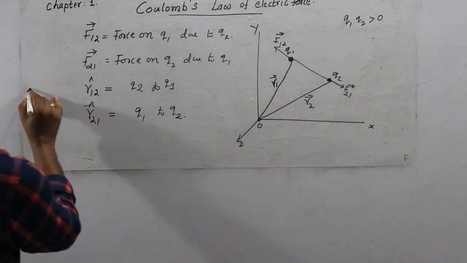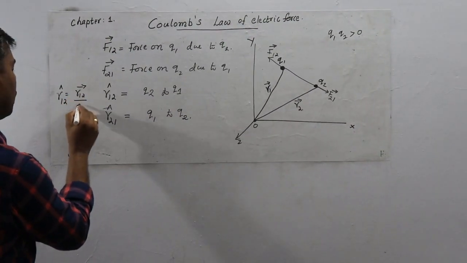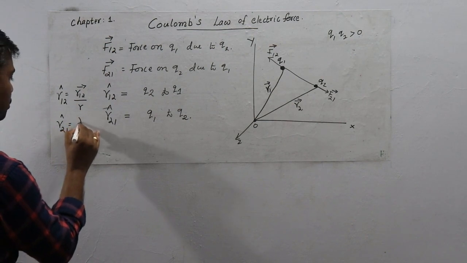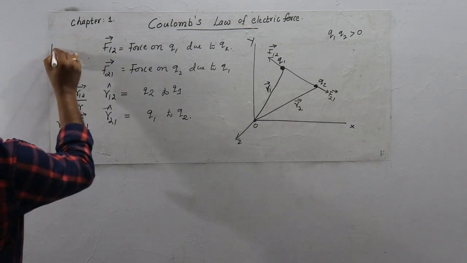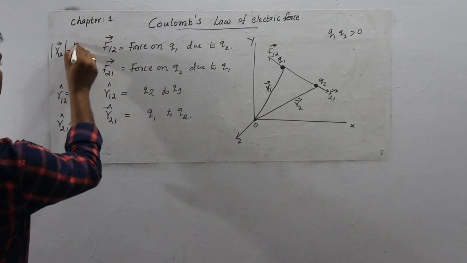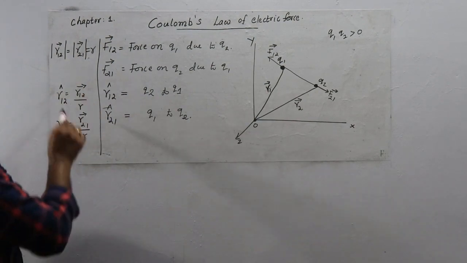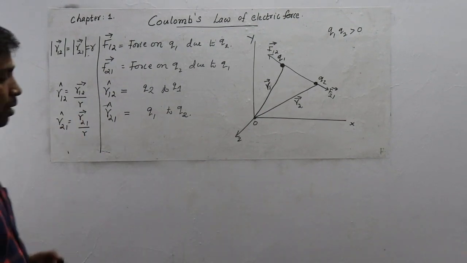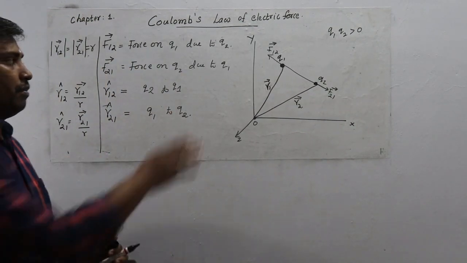Here the R12 unit vector is equal to the R12 vector divided by R, and the R21 unit vector is equal to the R21 vector divided by R. The magnitude of the R12 vector is equal to the magnitude of the R21 vector, which is R. So R12 cap is equal to R12 vector by R, and R21 cap equals R21 vector by R. Now we can represent the force between the charges.